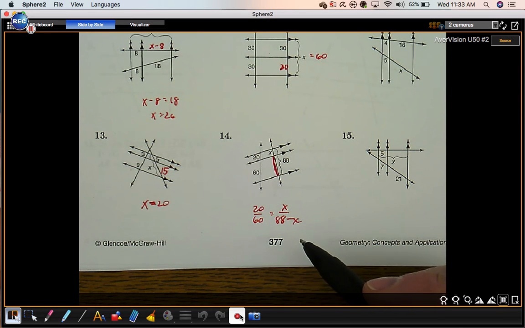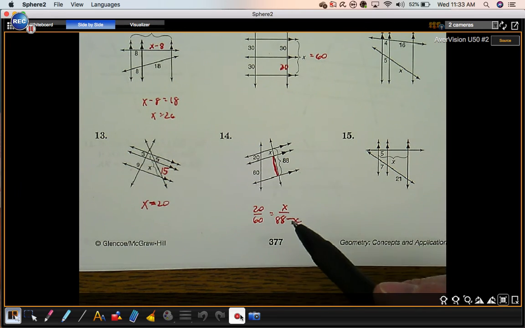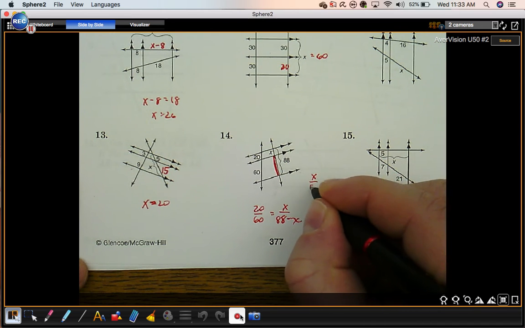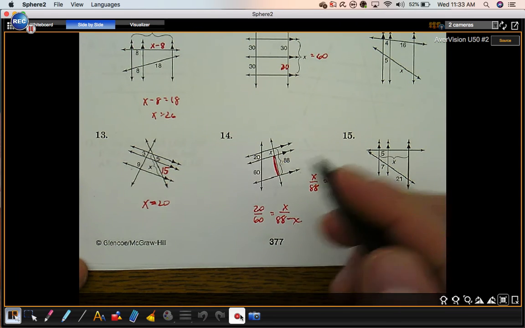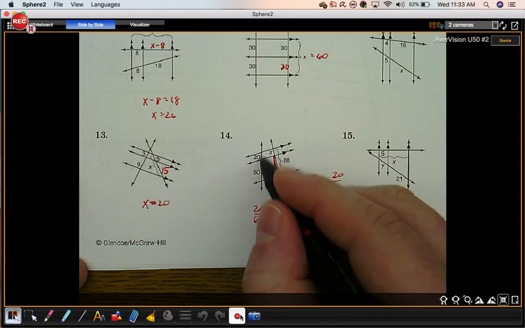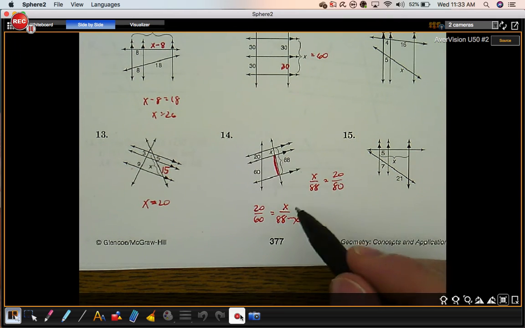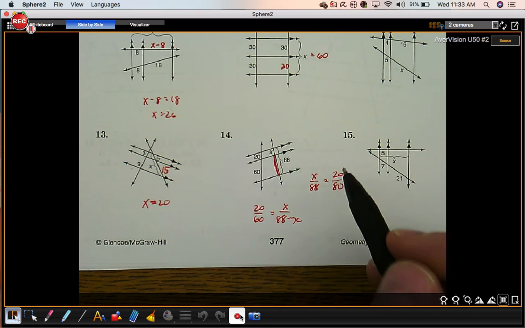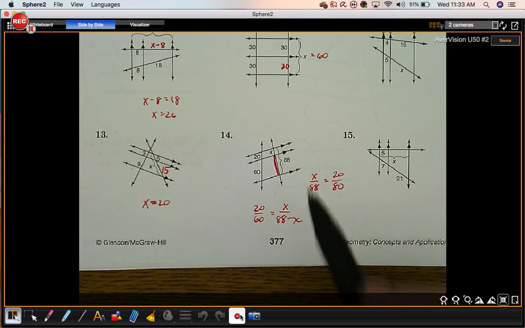That's one way to do it. If that makes sense to you, cross multiply, you could find x. Another way to do it, since we have this bracket with the 88, why don't we take x to 88? That's this little piece to the whole thing, and compare it with 20 to the whole thing, which would be 80. Either one of these will give you the correct answer. Which one's easier to solve? Probably this one. So if you're comfortable with both ways, maybe this way's better.